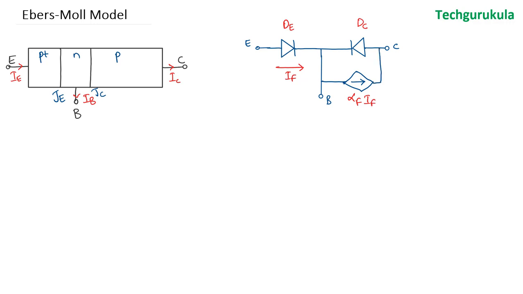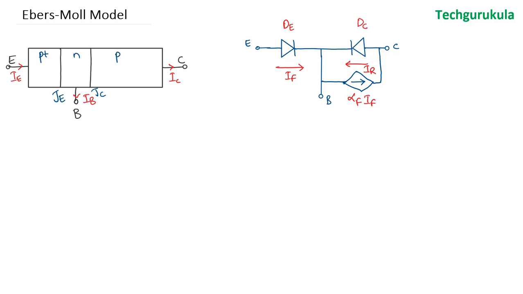Now our intention is not to just model the BJT in the active region of operation. So let's say we have the inverse active region of operation, where the collector junction is forward biased and the emitter junction is reverse biased. In which case, the current flowing through the collector junction, let's call this IR, because R represents the reverse active mode of operation current flow, and F here represents the forward active mode of operation current flow through the emitter junction.